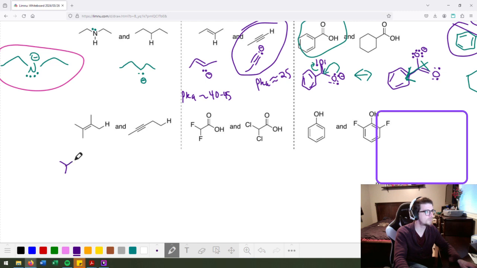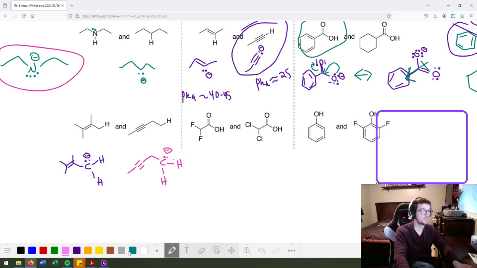So these, draw the conjugate bases. Okay, so of these two, the much more stable one is this one, the alkene, and that is because the conjugate base is resonance stabilized.